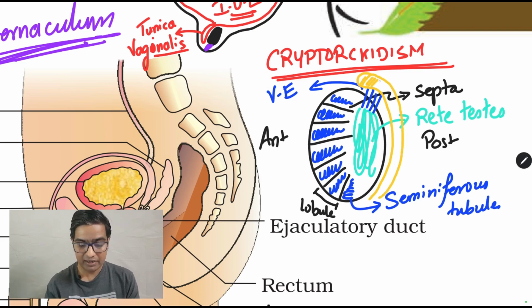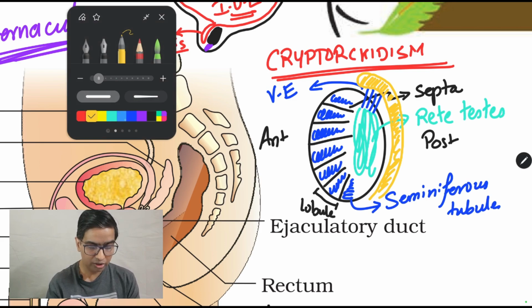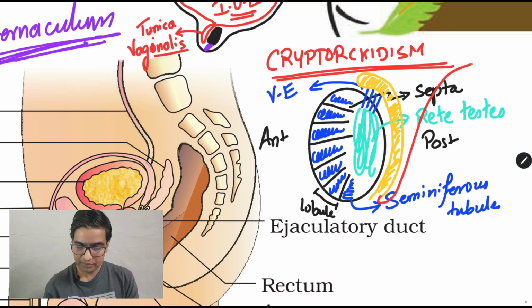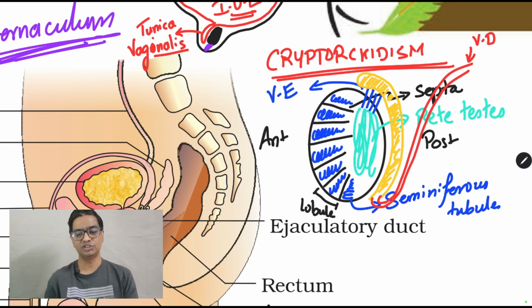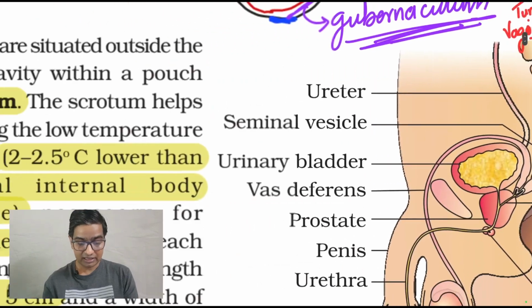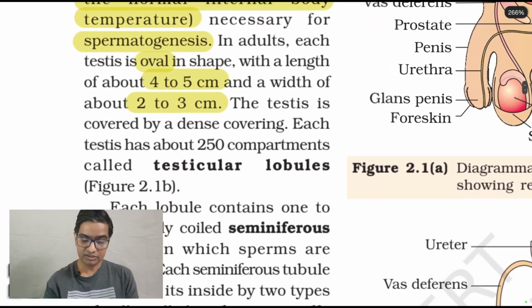Epididymis will have its head, its body, and its tail region. And from the epididymis will start a long tube, let me use red, which goes up towards the urinary bladder. This will be called the vas deferens. I hope things are getting clear as far as the male reproductive system is concerned.